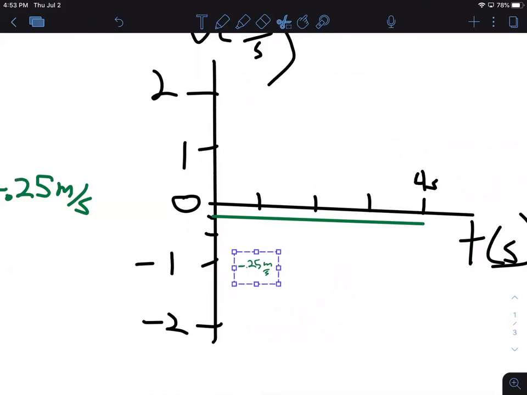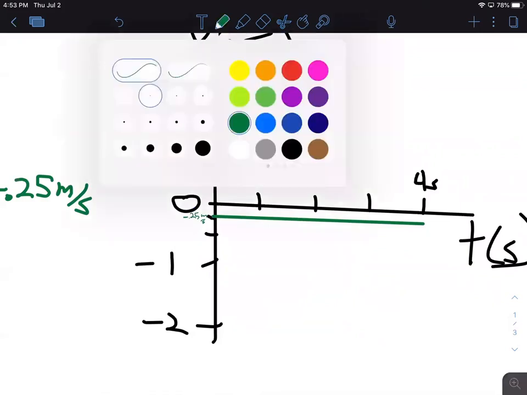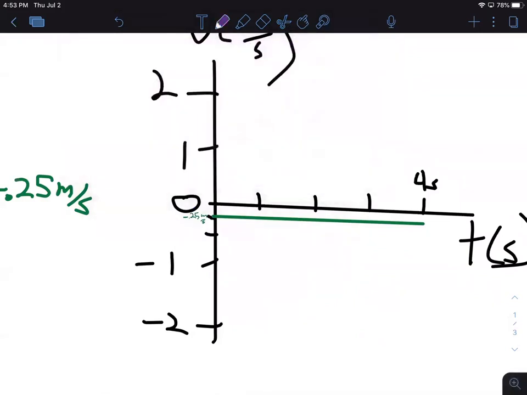Try to shrink this a bit and we can fit it in there. There we go. And my displacement over the 4 seconds would just be the area.